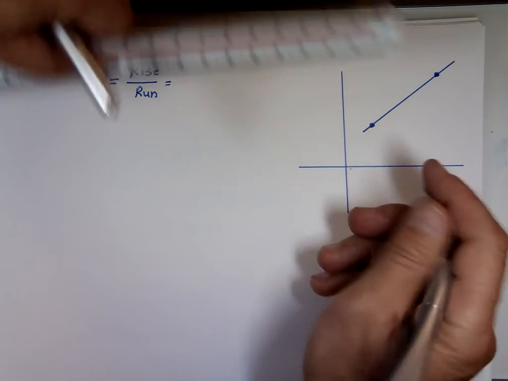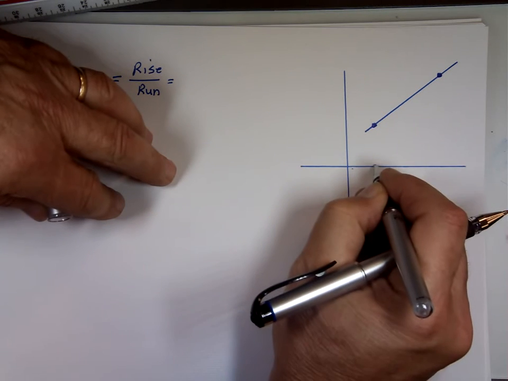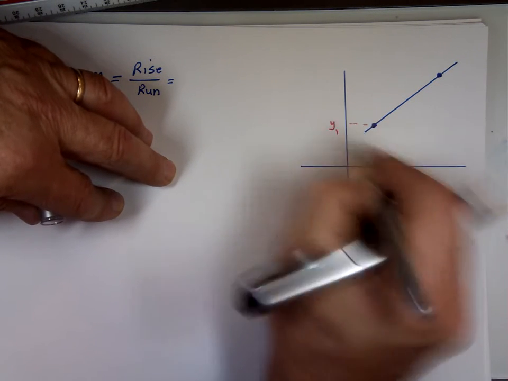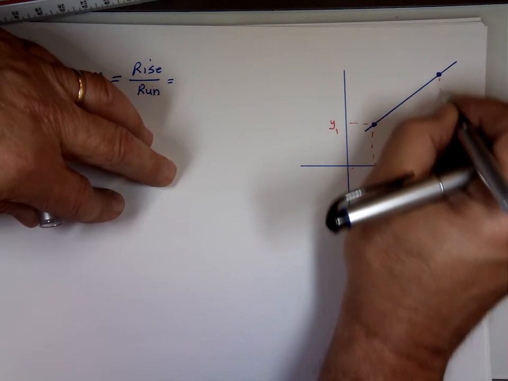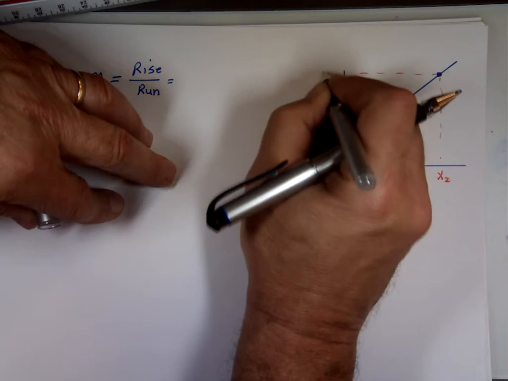Remember, if you make a triangle out of these two, this is x1 here. This is y1. This is x2, y2.